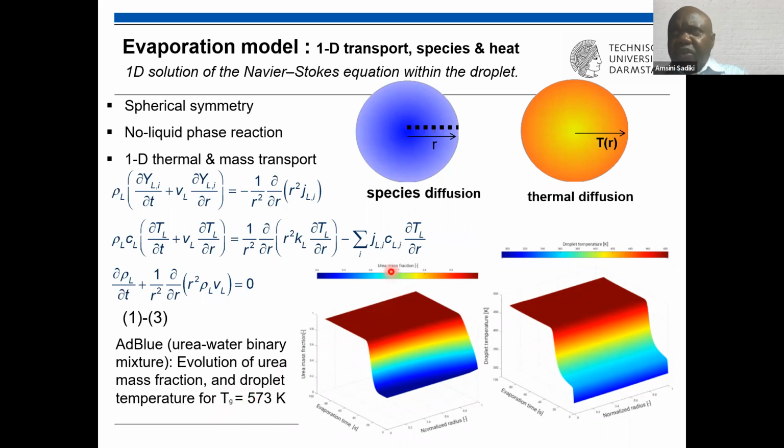So we have the urea mass fraction, and here we have the droplet temperature evolution.